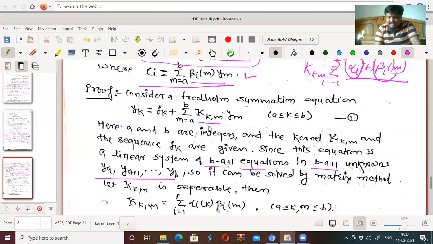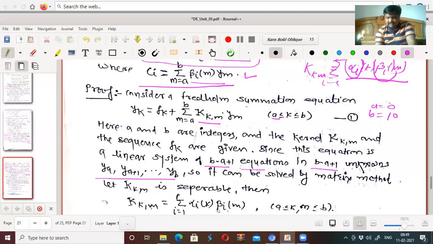Now, why are we saying it is a sequence of such type of equations? Because k lies from a to b. If your a is 0 and b is 10, what will happen? How many equations will you get there?